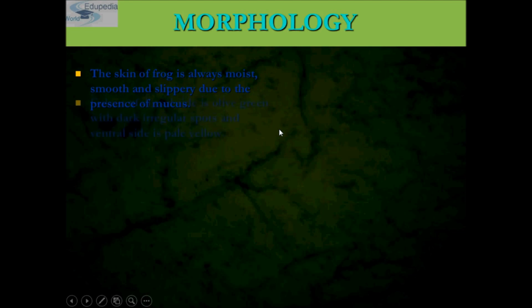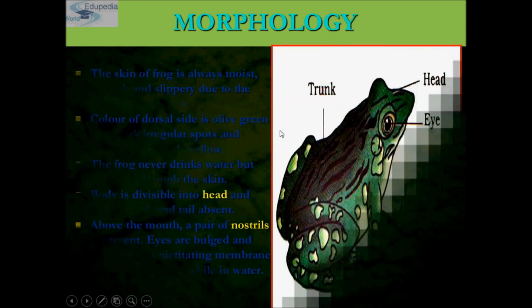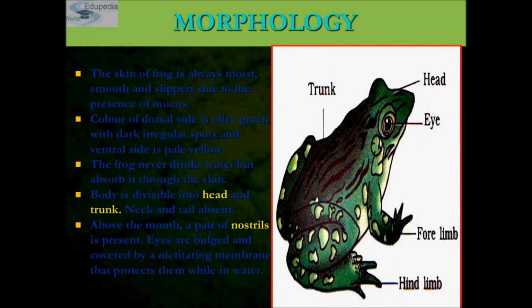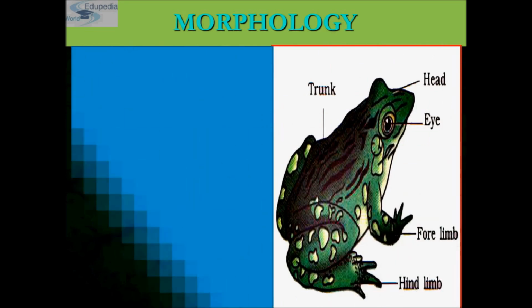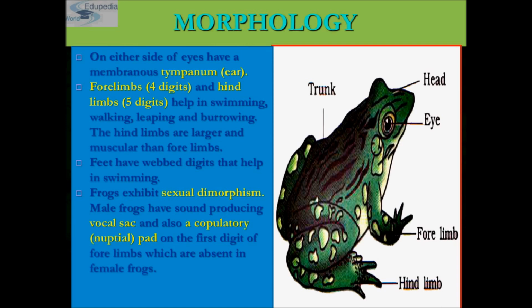Now let's see its divisions one by one. The skin of the frog is very slippery and smooth due to the presence of mucus in it, and the skin is always maintained in a moist condition.